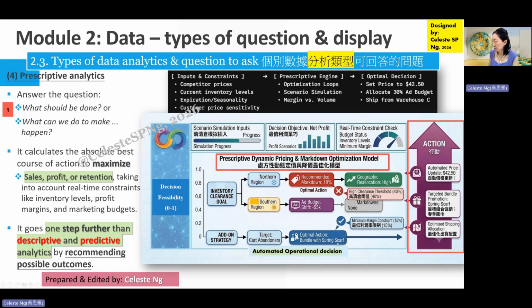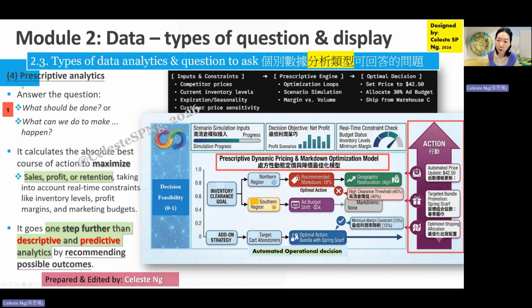Right? How does this work? This spring scarf could be given as a free gift, or it could be special discounts. Okay, to attract this cart abandoner to change their mind, right? However, here we have a minimum margin constraint.